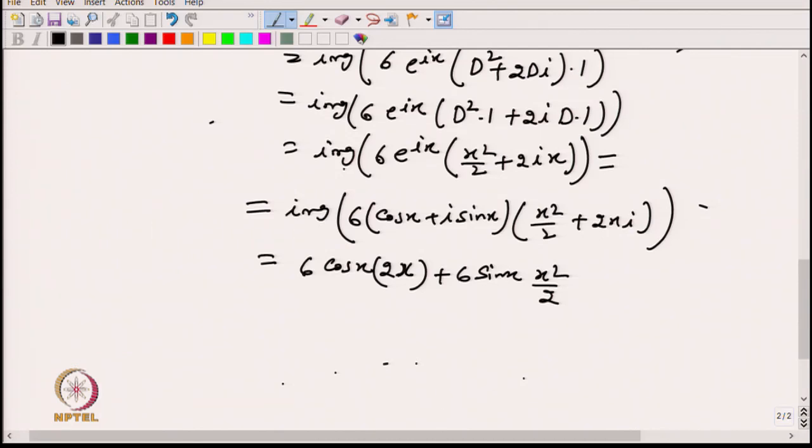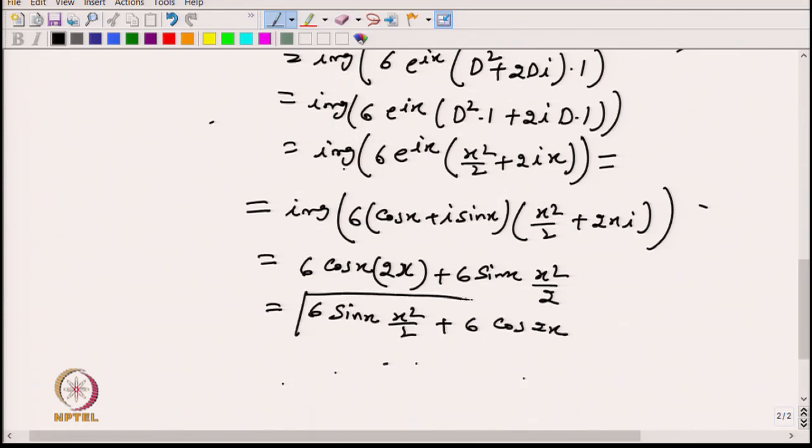So from here what I will get is, sin x is x squared by 2 plus 6 cos 2x.